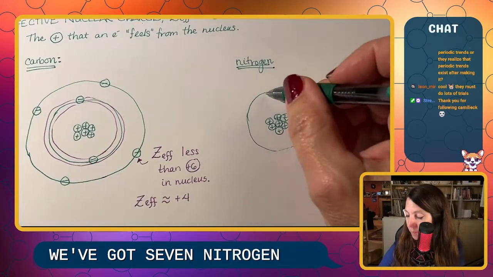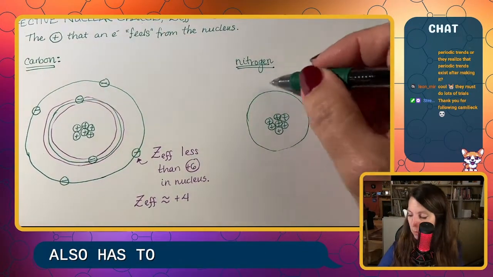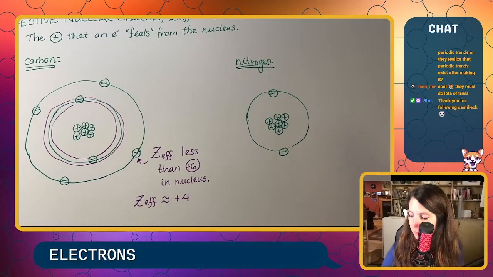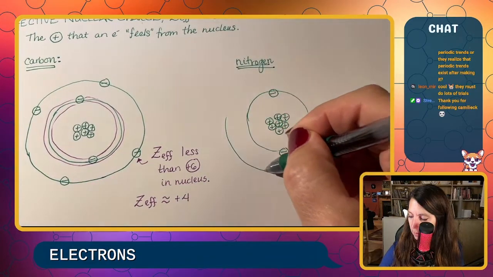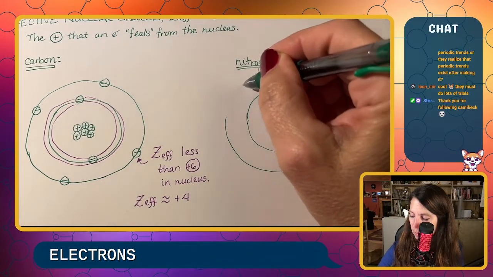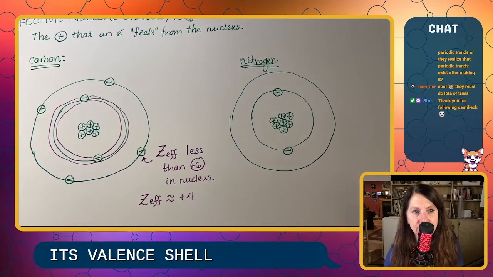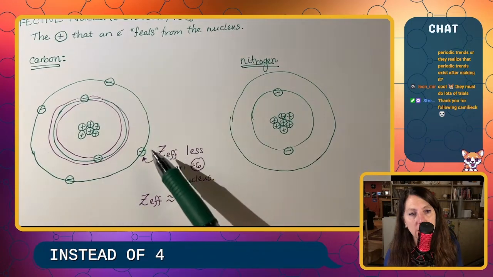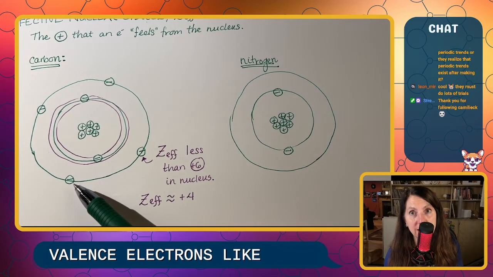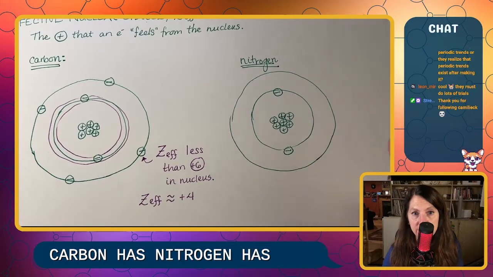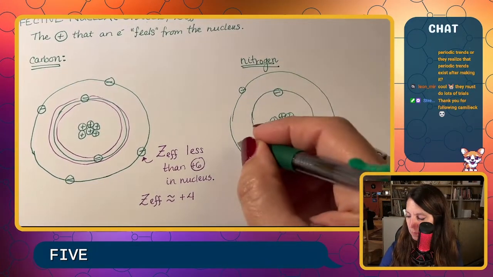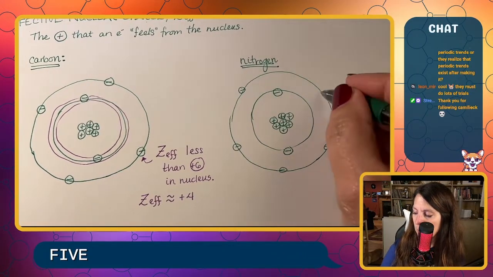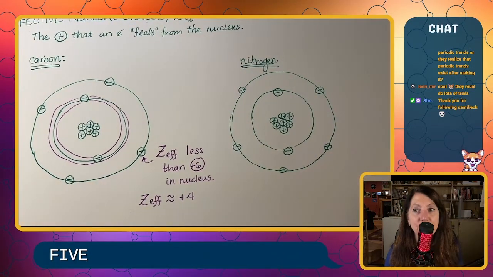Nitrogen also has 2 of these core electrons, and it also has this valence shell. But now instead of 4 valence electrons like carbon has, nitrogen has 5. 2, 3, 4, 5.